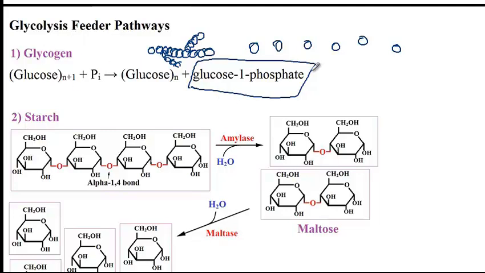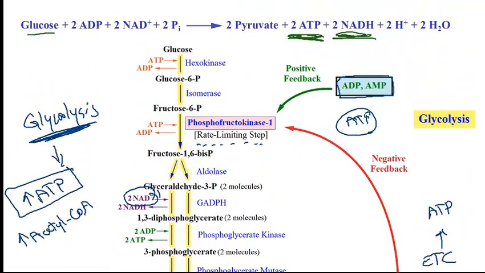So glycogen is the first one, where conversion of glucose 1-phosphate via the phosphoglucomutase. Again, don't worry about the name, I'm gonna cover them all separately, but conversion of glucose 1-phosphate via the phosphoglucomutase into glucose 6-phosphate will give us an intermediate molecule that can now enter the glycolysis pathway.